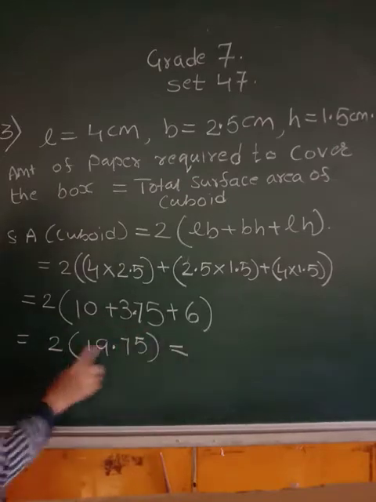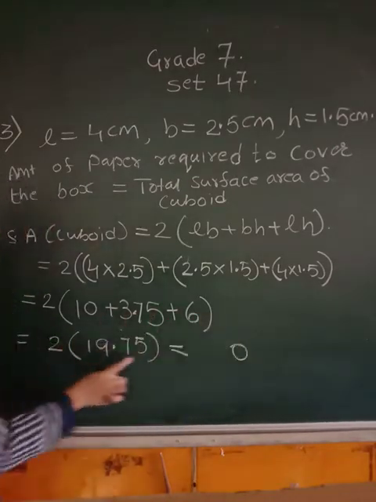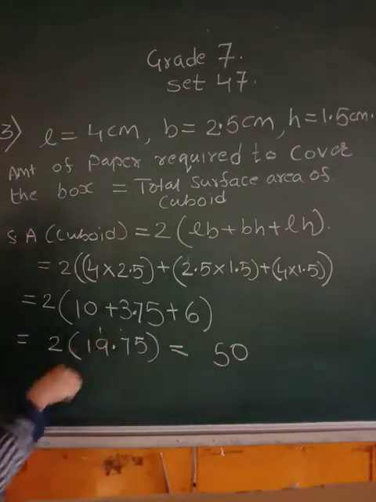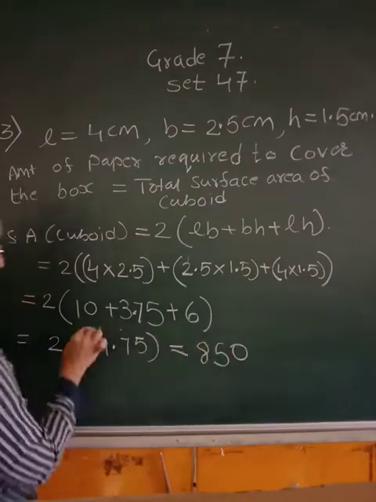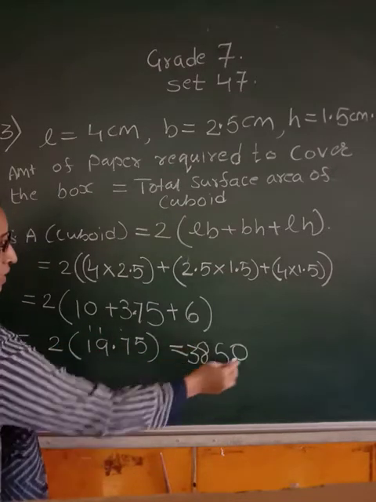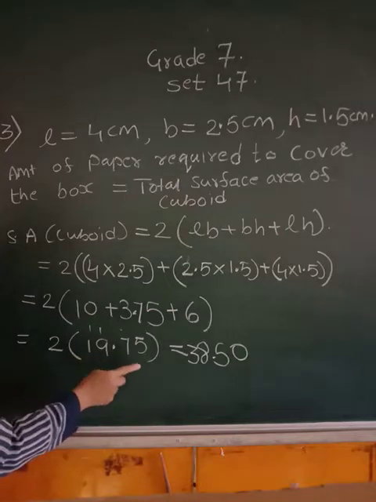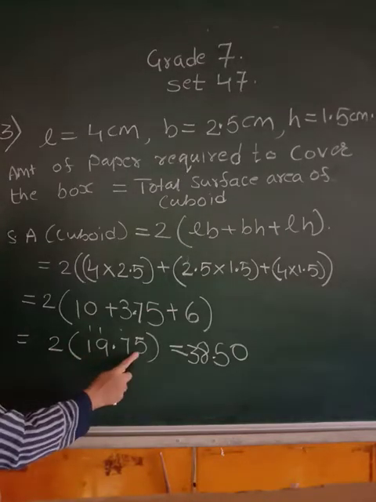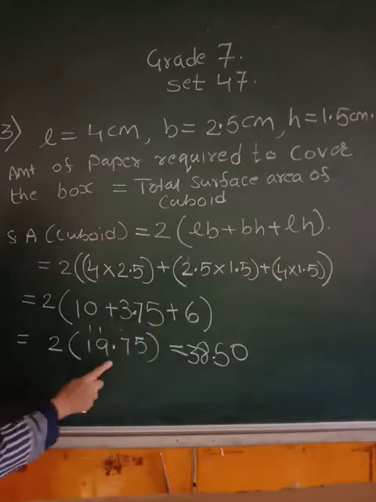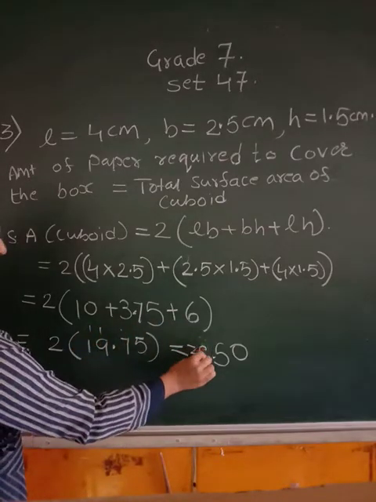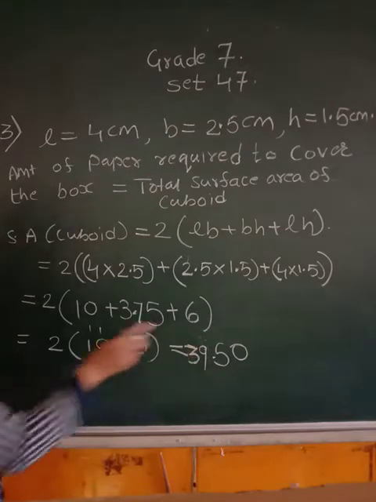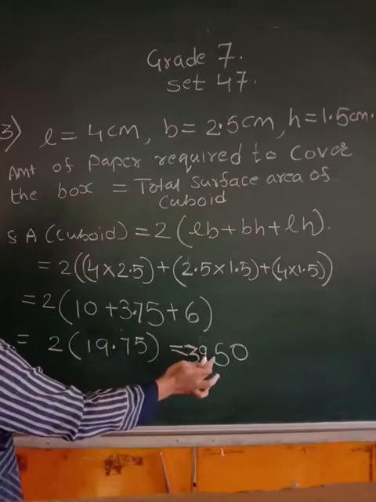Multiply this by 2. 2 5s are 10. 2 7s are 14 and 1 is 15. Carry over 1. 2 9s are 18 and 1 is 19. 2 1s are 2 and 1 is 3. After 2 numbers the point is there, so we have 39.50.